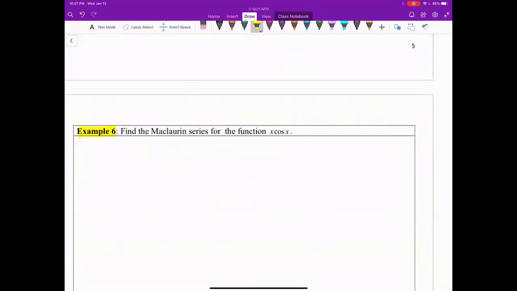Find the Maclaurin series representation for x cosine x.